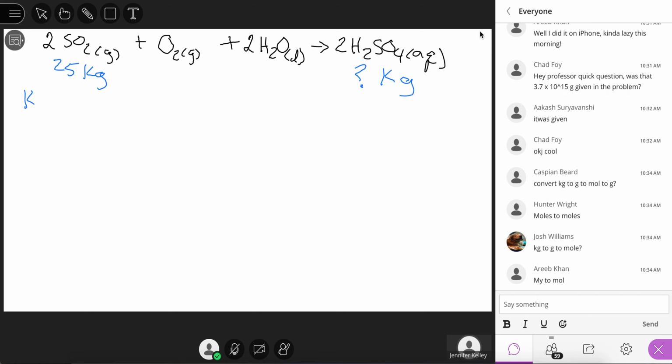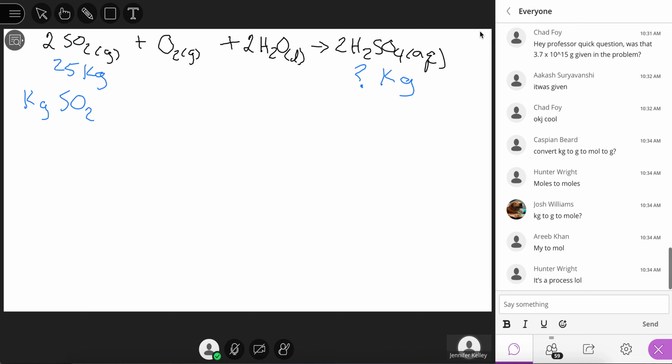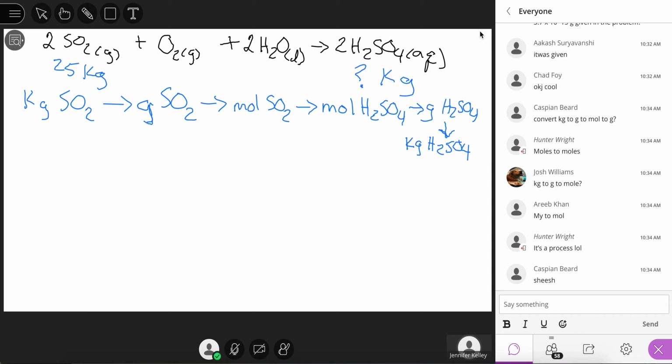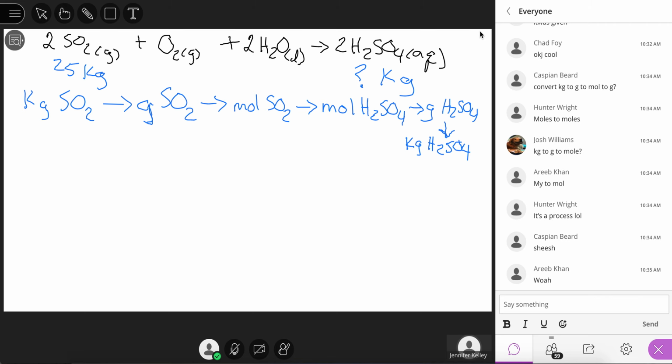So we're going to go kilograms of SO2 to grams of SO2 to moles of SO2 to moles of sulfuric acid to grams of sulfuric acid to kilograms of sulfuric acid. All right. That's just kind of long. Told you sometimes they get a little bit long.